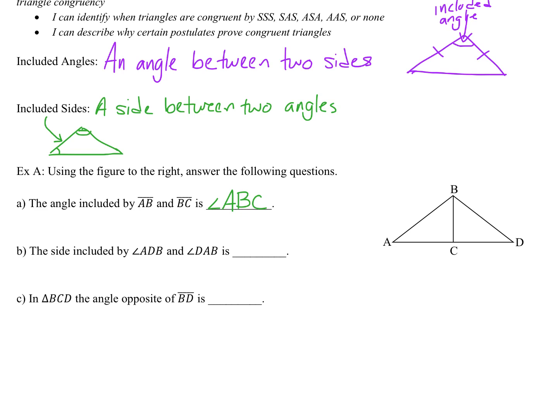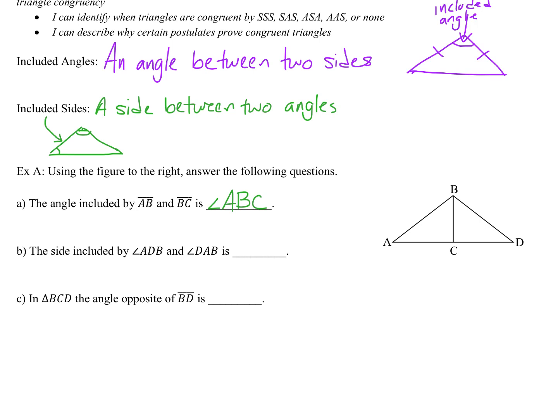Okay, so now for part B, we're going to look at two angles. We've got angle ADB, so I follow it around. ADB would be right there. And then DAB, follow that around, it creates that one. They're not necessarily congruent. So what's the side in between those?